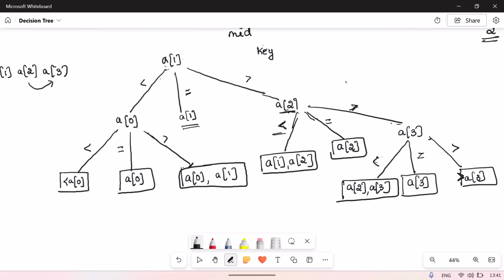So you will have to divide the array into two parts and then do the three comparisons.